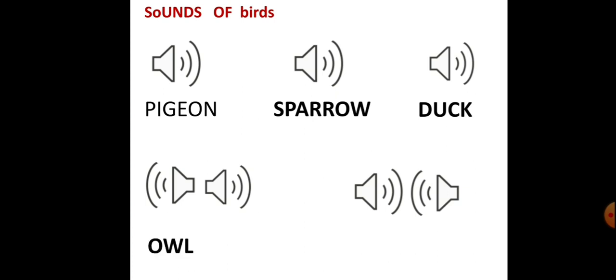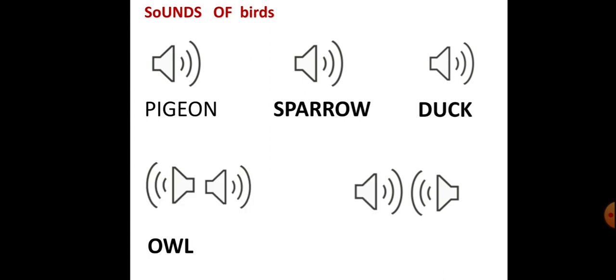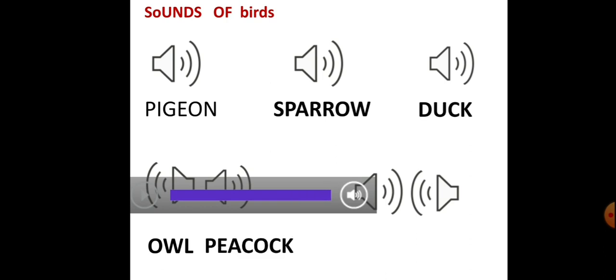That is an owl, sound of an owl. The next one. Check again. What is this next one? Again. Oh, let us see. It is the sound of a peacock.